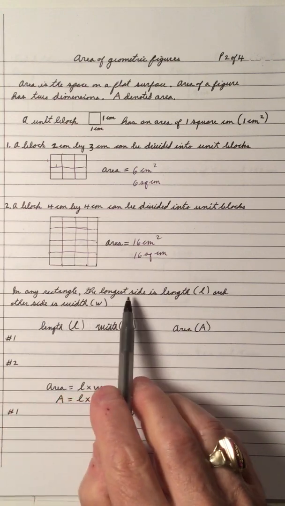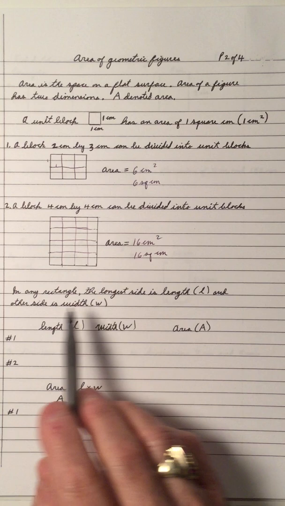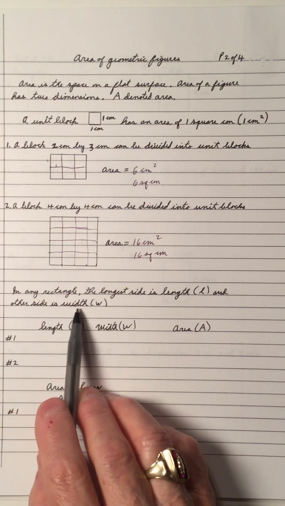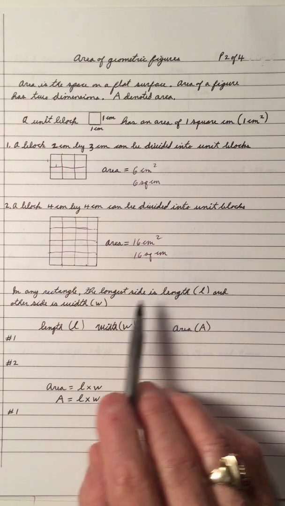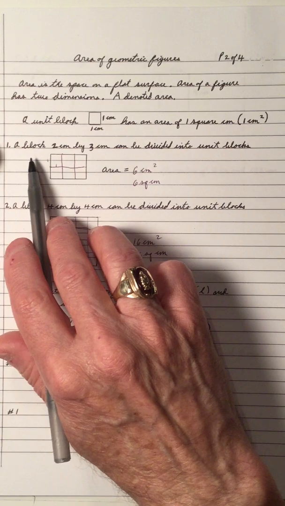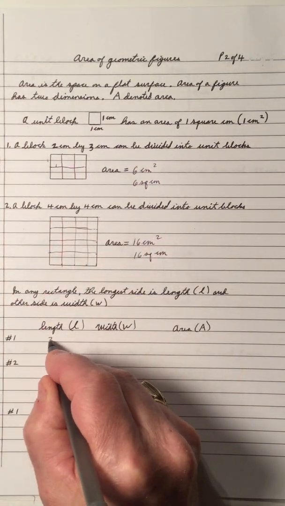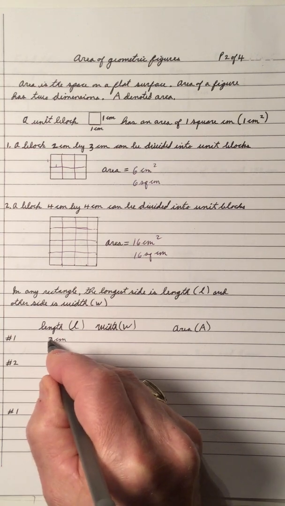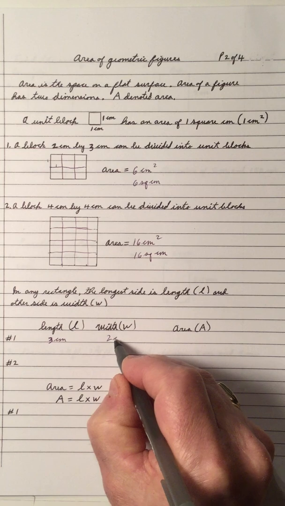In any rectangle, the longest side is the length, denoted by L, and the other side is the width, denoted by W. So the longest side is the length in a rectangle, and the shorter side is the width. In number 1 above, the length is 3, and the width is 2, the shorter.